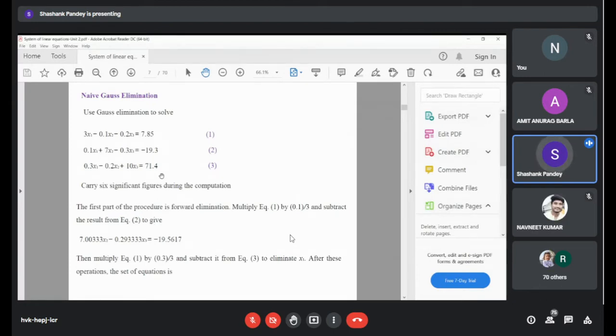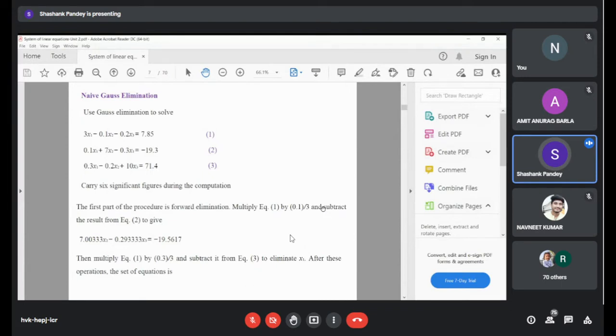So basically we eliminated x1 from equation number 2 as well as from equation number 3 by multiplying this by a factor of 0.1 by 3 and this by 0.3 by 3. Once we perform this exercise, these factors are also very important. Last time we didn't bother about these factors, but let us store them.